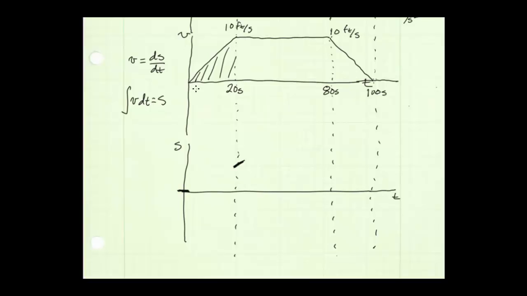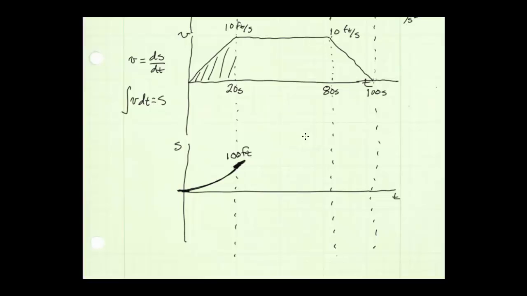So my position after 20 seconds would be 100 feet. Now, because this is a constant slope, that means it's a first order equation, which means that we'd have a second order equation here. So we would have a curve that would come up until we hit the slope that we defined at this point.